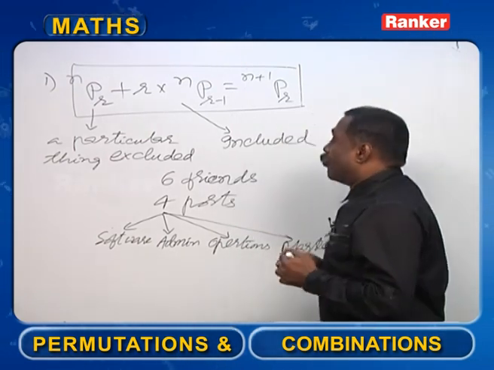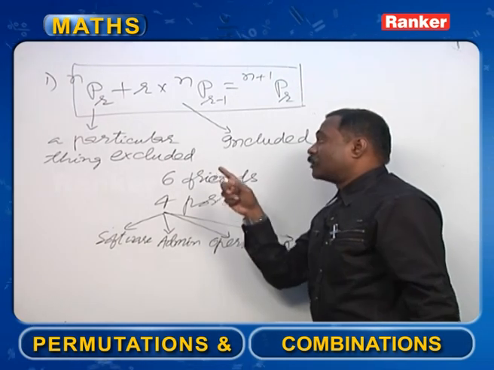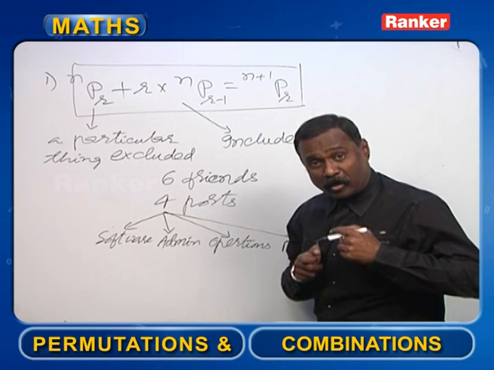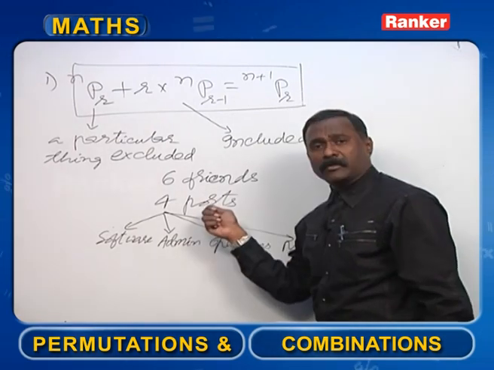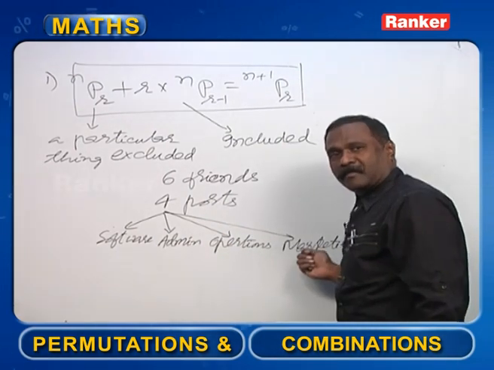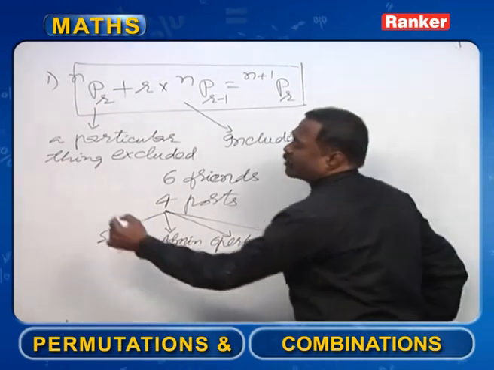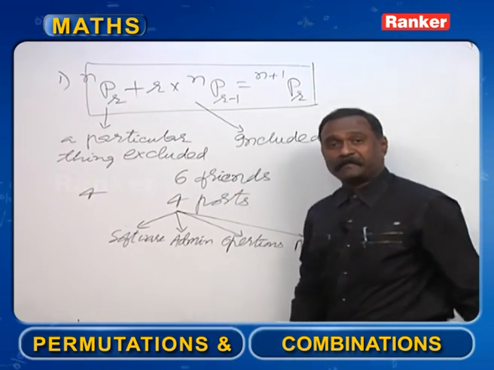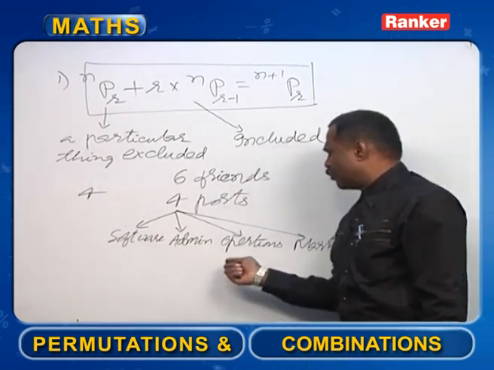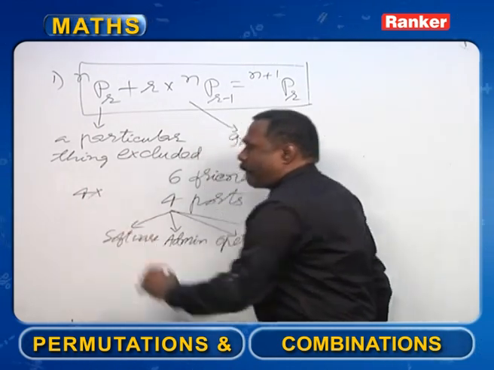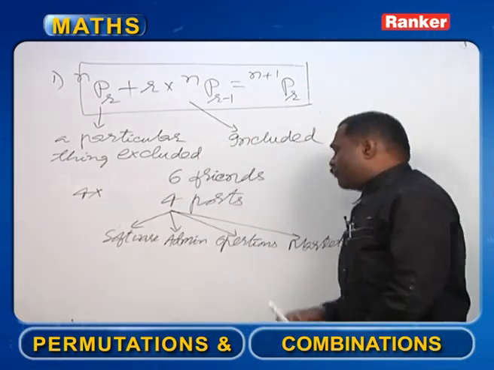So first of all, they have to accommodate your friend who has got the recommendation into any one of these posts. In how many ways can he be included? 4 different ways: either software, admin, operations or marketing.